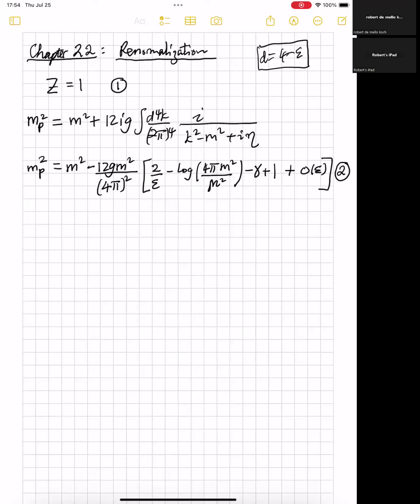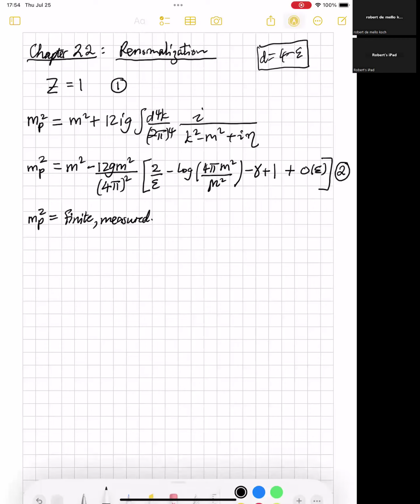What's important to recognize here is that the physical mass squared is finite and it's some definite value. This is what is measured, okay? So we could actually set the physical mass squared equal to some number. But notice something.